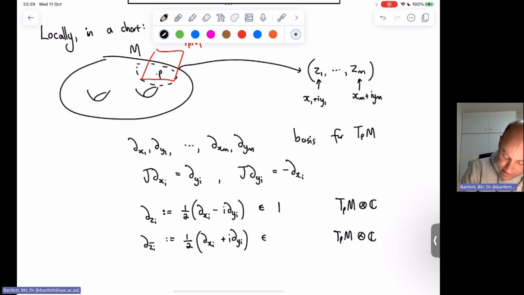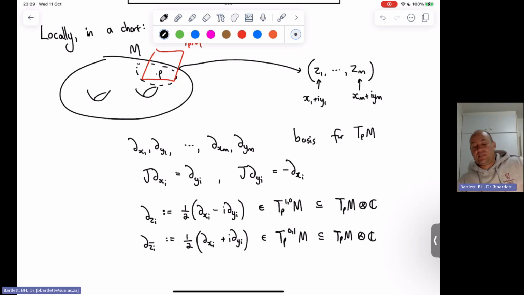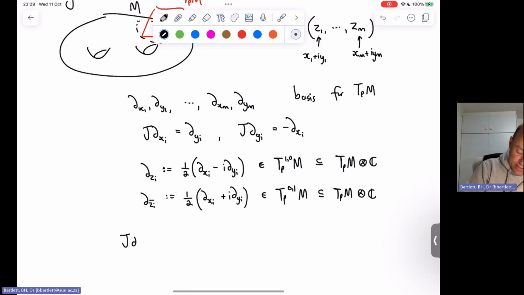This guy is in the 1, 0 component, and this guy is in the 0, 1 component. And each of these is a subspace of the complexified tangent space. Okay, and the cool thing about them is that they are eigenvectors of the J map.